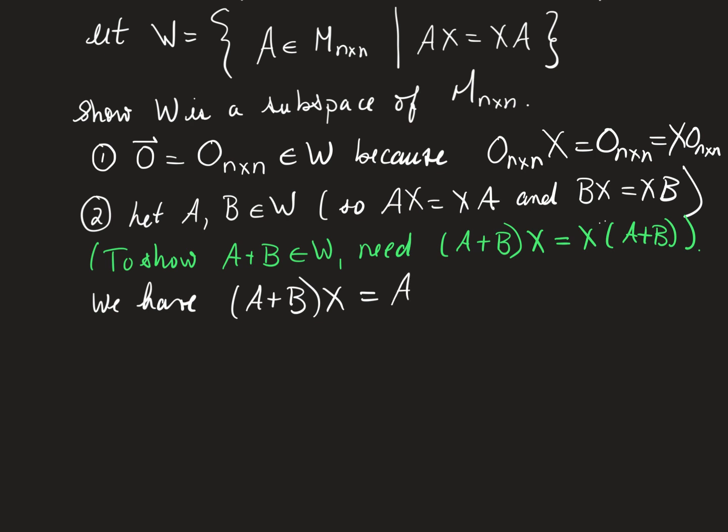So this is A times X plus B times X. But I also know, because I assumed that A was in W, that AX is XA, and because I assumed B was in W, BX is XB, so AX plus BX is going to be XA plus XB, and now I can apply that distributive law again, pull out the X, and I get X times A plus B. And that is exactly what I needed to prove to show that A plus B belongs to W, right?